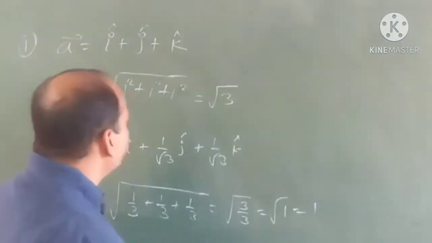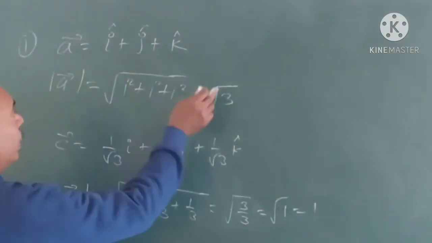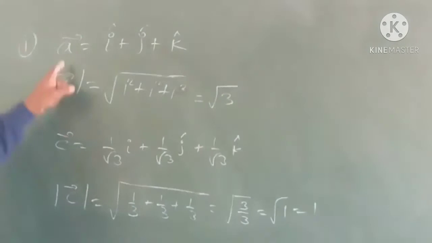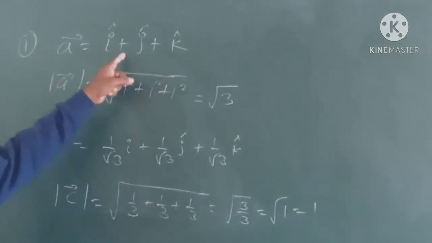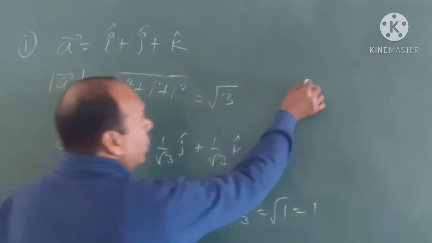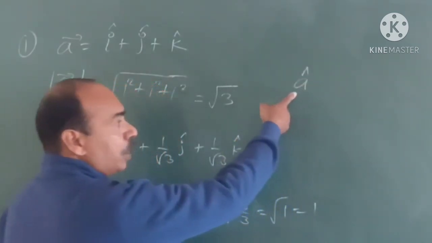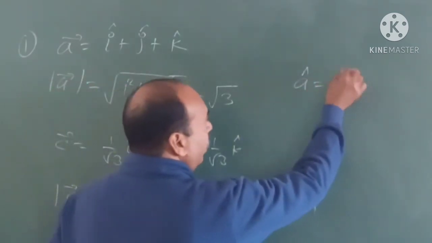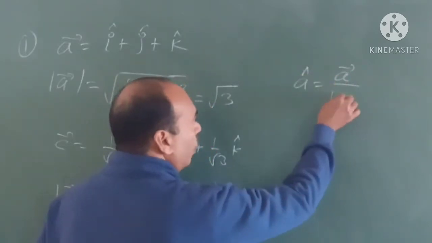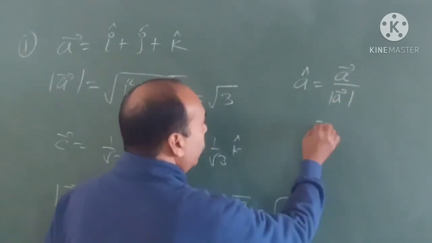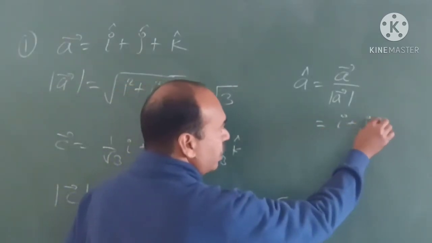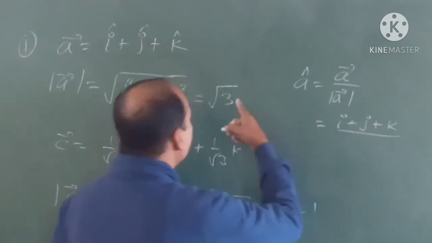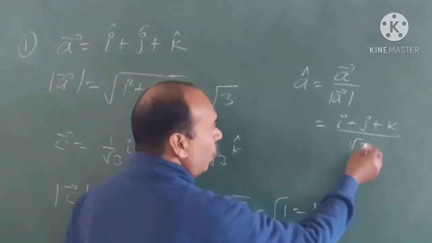And one more thing, this is vector A, and if you want to find the unit vector along the direction of vector A, the unit vector denoted by A cap is vector A divided by its mod value, that is mod of vector A. So vector A, which is i plus j plus k, divided by root 3, the mod value.